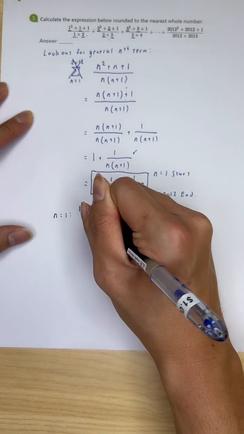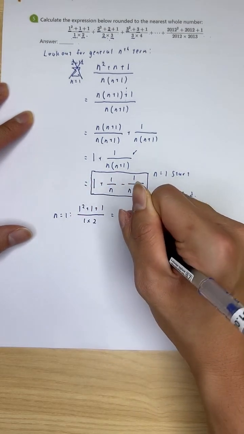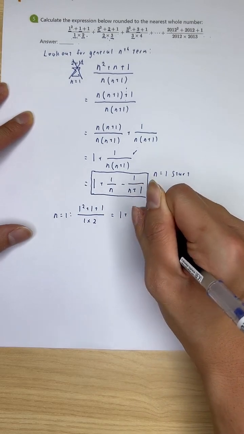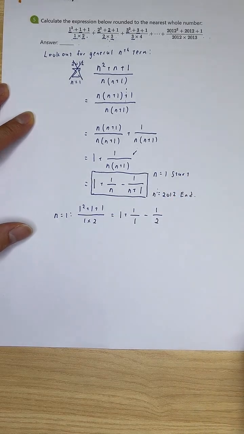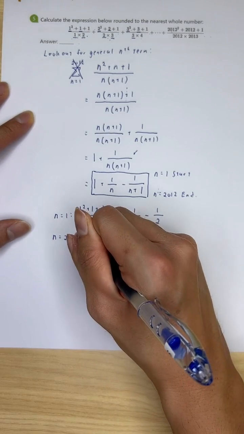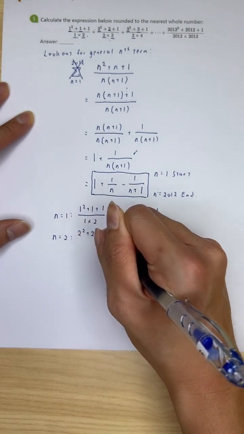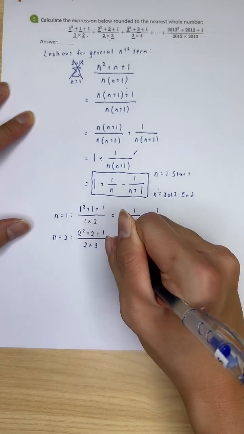We have 1 squared plus 1 plus 1 over 1 times 2, which is equal to 1 plus 1 over 1 minus 1 over 2, based on our formula. Then n equal to 2: 2 squared plus 2 plus 1 over 2 times 3.